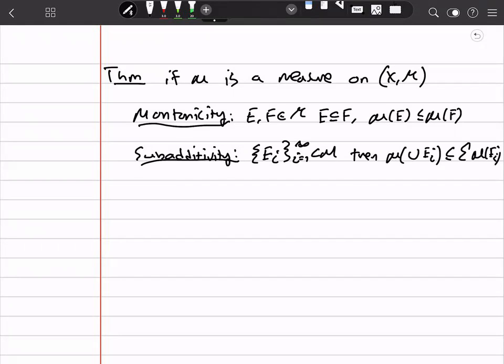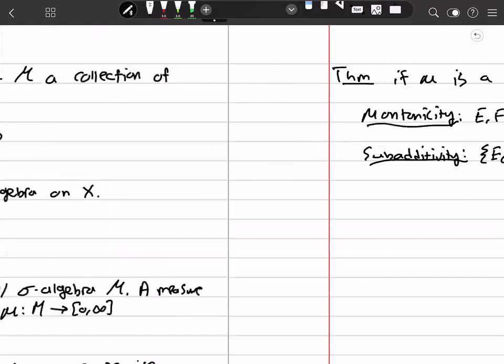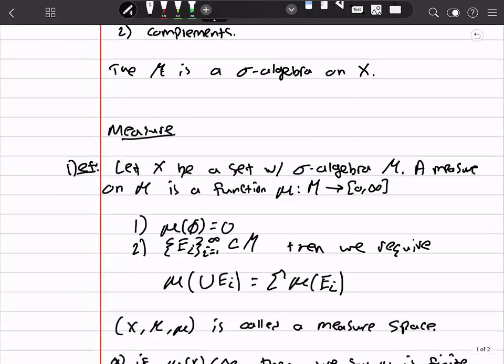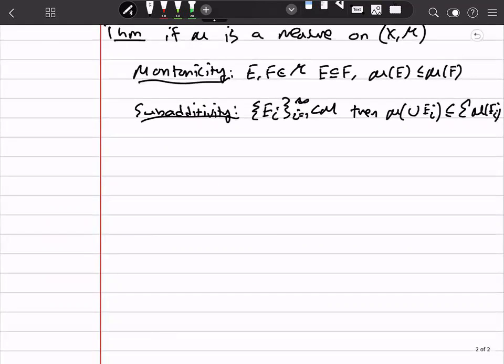With equality coming, if the E sub i's are disjoint, then this is just our second property of being a measure. But in general, for general sequences, they don't have to be disjoint. We have this subadditivity condition.